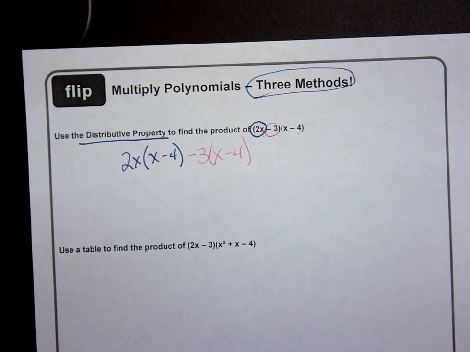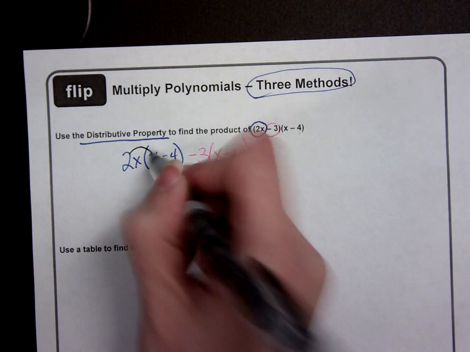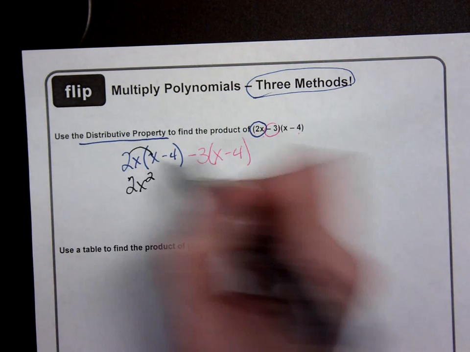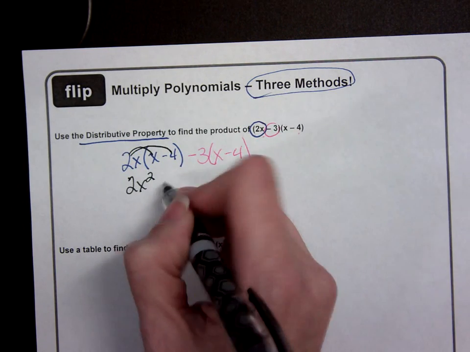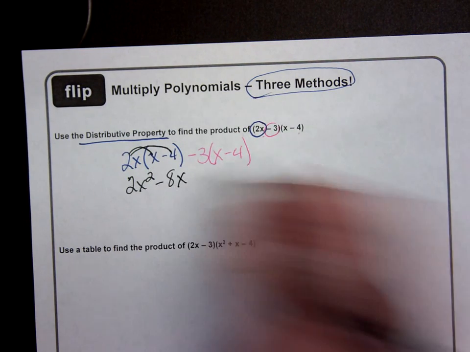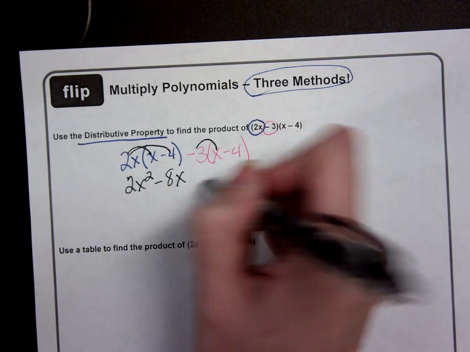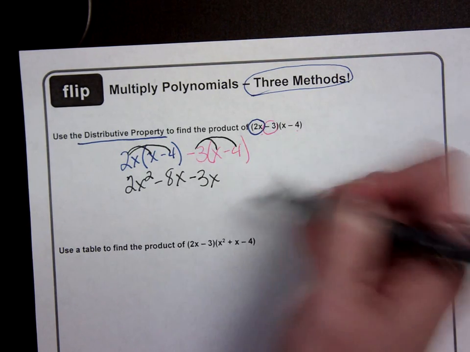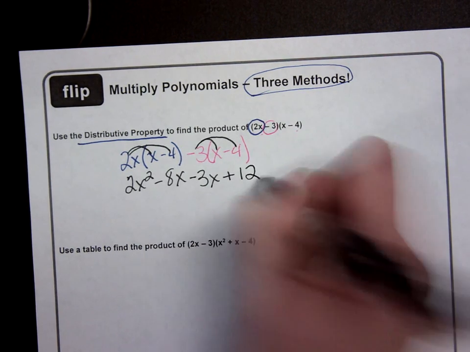Once we do that, 2x times x is 2x squared. 2x times negative 4, negative 8x. Negative 3 times x is negative 3x. Negative 3 times negative 4 is positive 12.